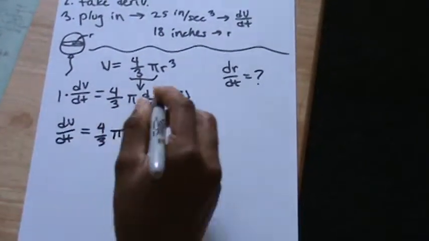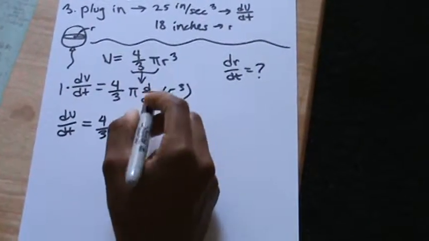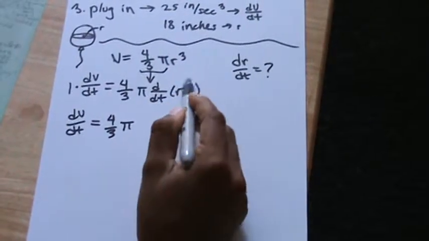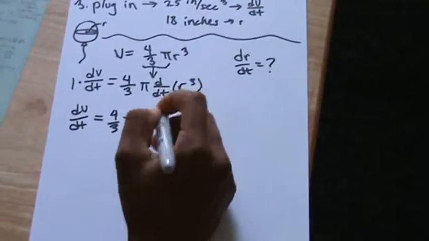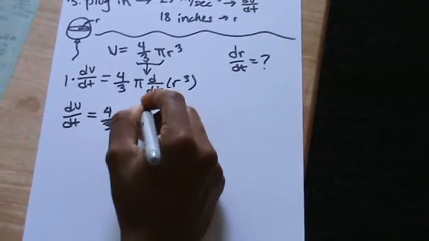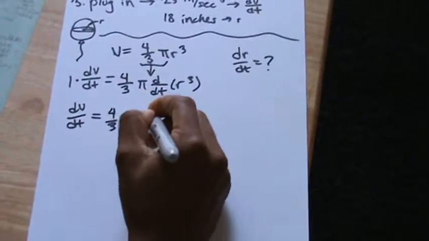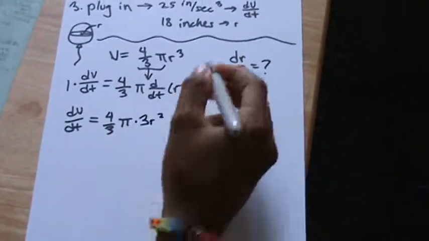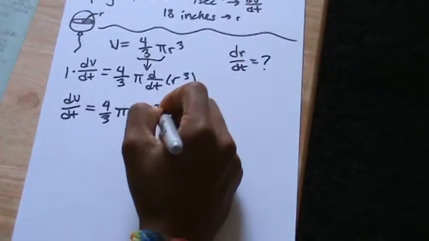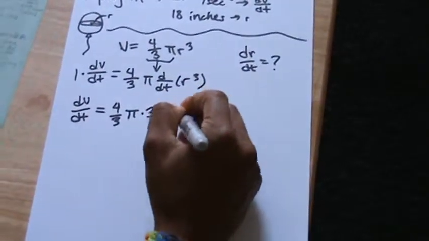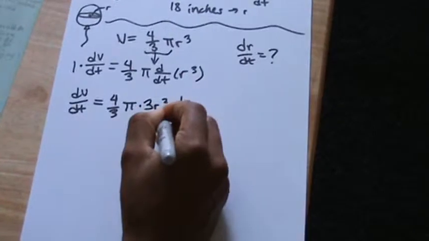You bring the constant down again. And to find the derivative of this part, r cubed, with the power rule, you bring down the power and then you subtract 1, times dr/dt. Chain rule, bringing that out.